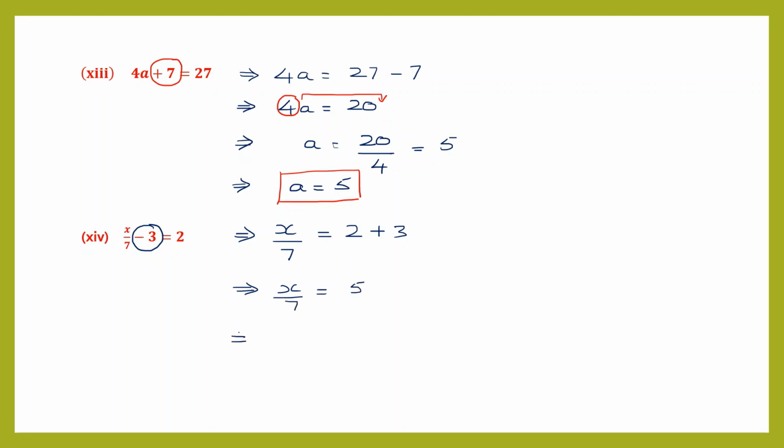Now to find the value of x, we say 5 into 7. How did it become into 7? Because here 7 is division, and when we transposed it to the right hand side, it became multiplication. So we have found the value of x. x is equal to 35. So this is our answer.